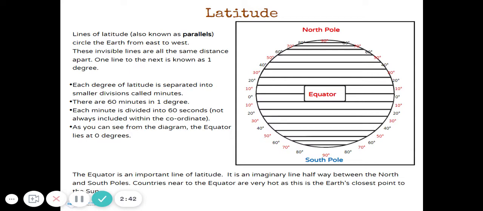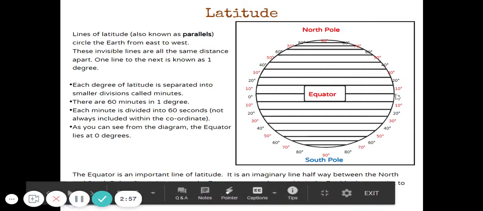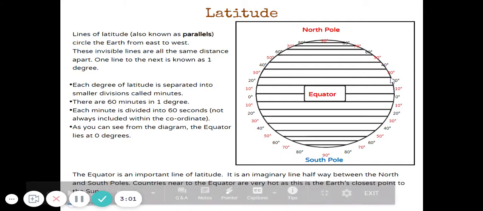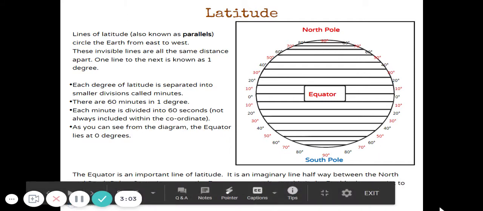There are 60 minutes in 1 degree. Each minute is then divided into 60 seconds, not always included within the coordinate. As you can see from the diagram, the equator lies at 0 degrees, so right in the middle here. Okay, then you've got 10 degrees, 20, 30, and so on.